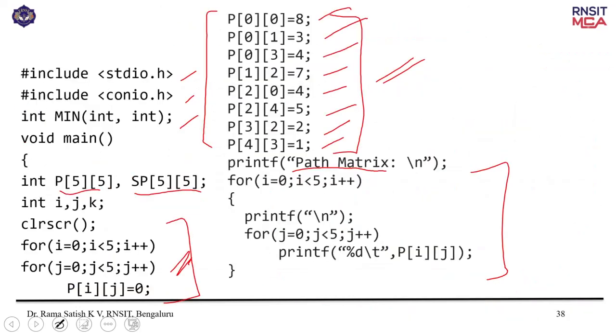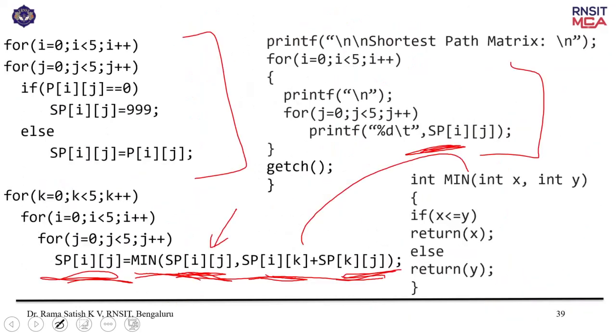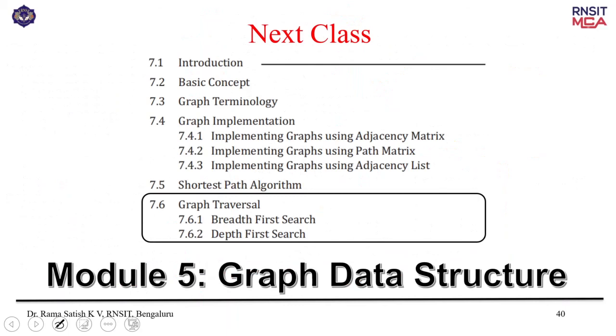Just write the algorithm and your program is also so simple. In the next class, we'll be discussing graph traversal, that is two other algorithms, breadth first search algorithm and depth first search algorithm. In short, they are called BFS and DFS.